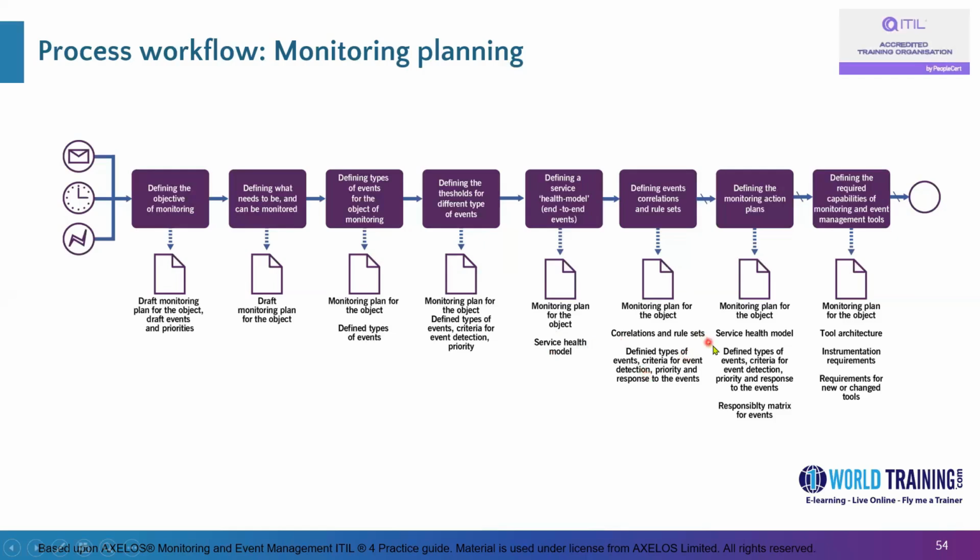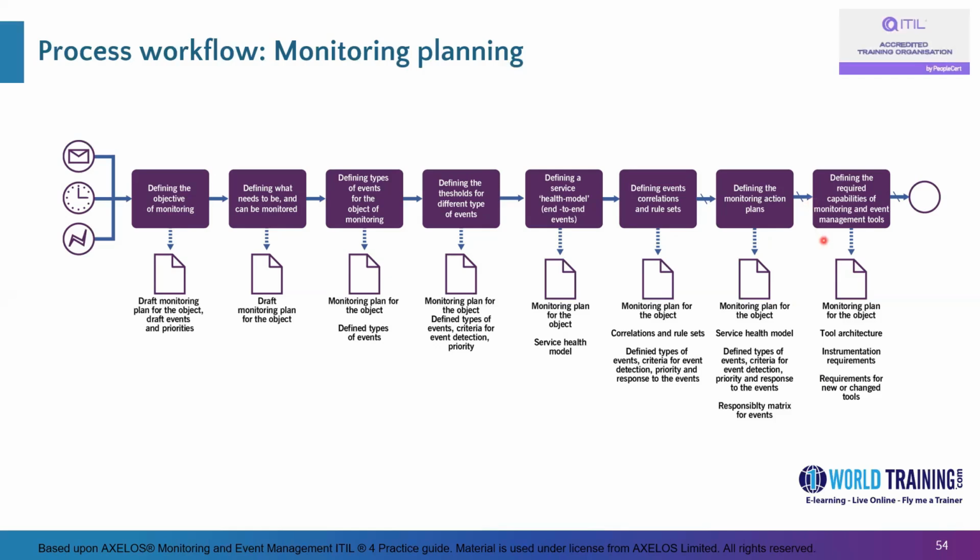In the seventh step, we have the responsibility matrix for the events, as to who will be handling them. And in the last step, tool architecture and instrumentation requirements, meaning the software agents that will send the monitoring data to the monitoring engine, to the EMS, the event management system, and any requirements for new or changed tools as well.